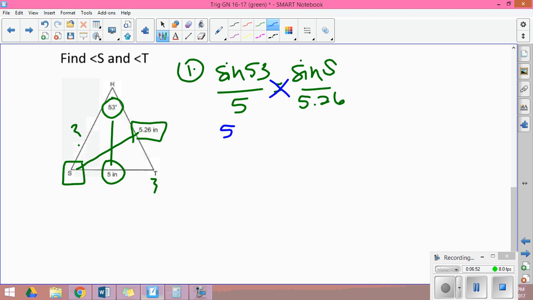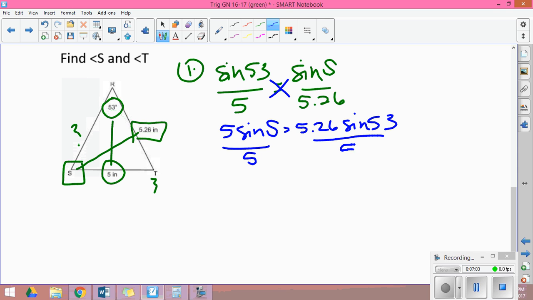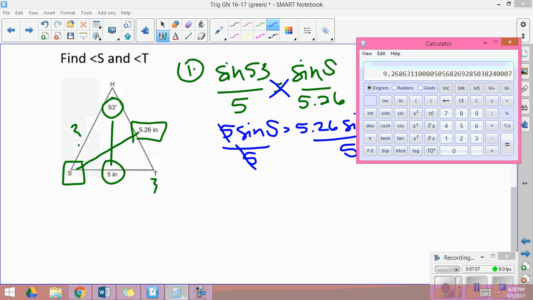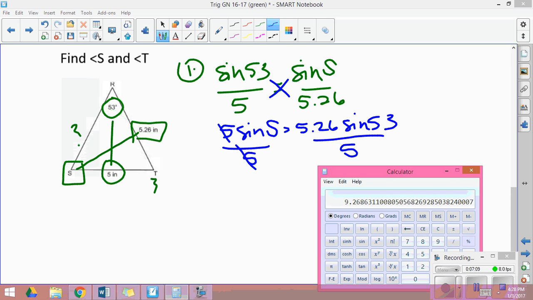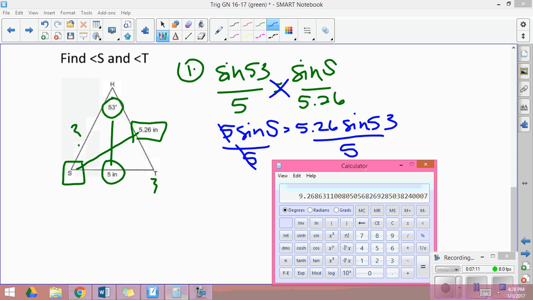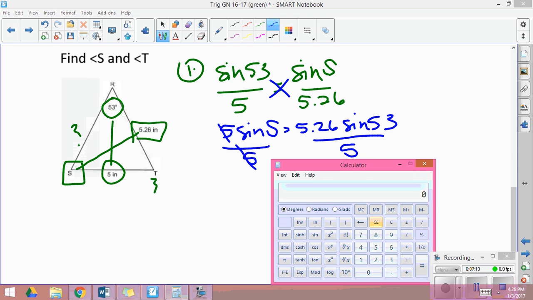We're going to say 5 sine of s is equal to 5.26 sine of 53. Divide by 5, because the sine of s is our variable. And so then we're going to go to our calculator, and we are going to say 53 sine times 5.26 equals divided by 5.